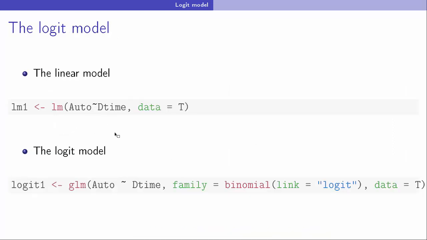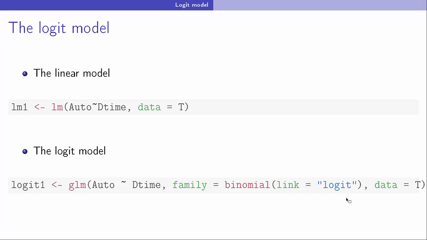What does the logit model look like? Well, it turns out it's not a really big step for us. We change the LM to a GLM for generalized linear model. And because it's generalized, there's actually one more step. We just need to say that we're using the logit as the link function. So what does that mean? That's the function that maps our dependent variable to those linear predictors.